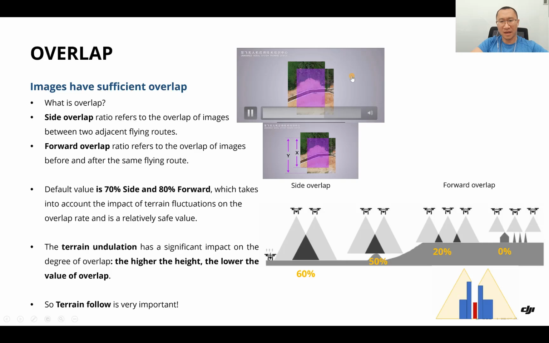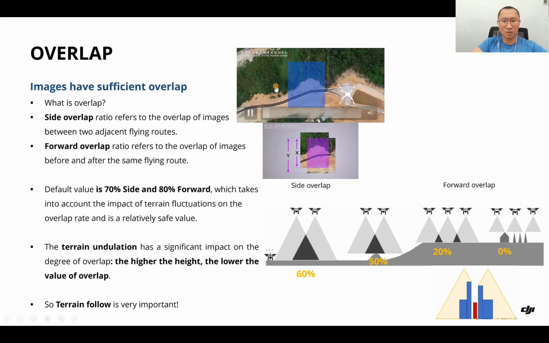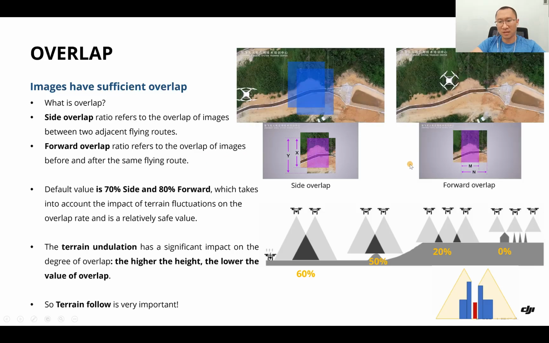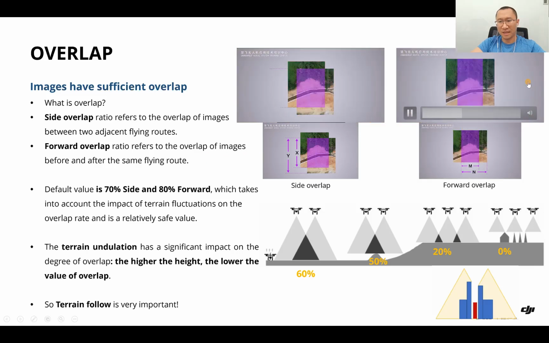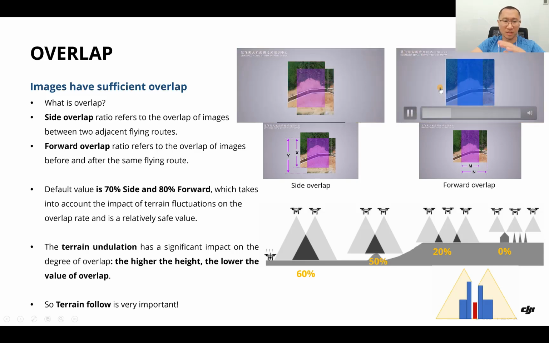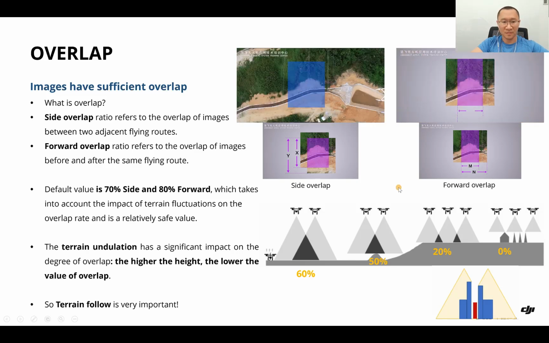There's one flying route and another flying route, and the overlap between the two adjacent routes is the side overlap. The forward overlap refers to the overlap of images before and after on the same flying route.